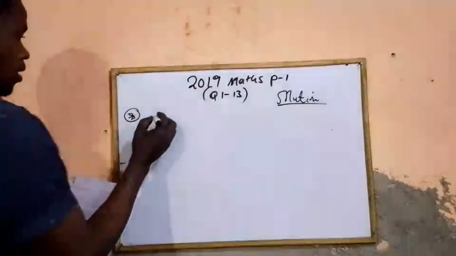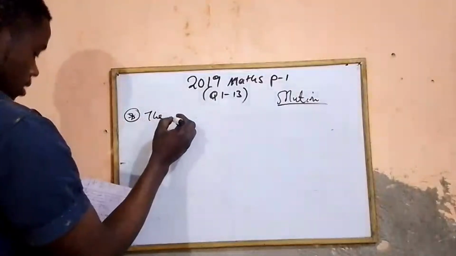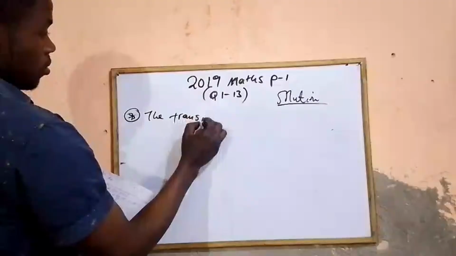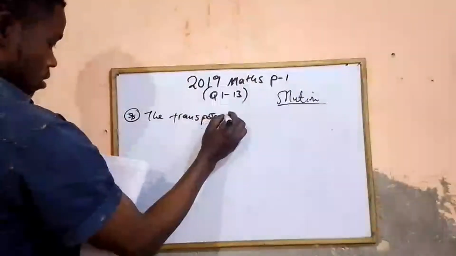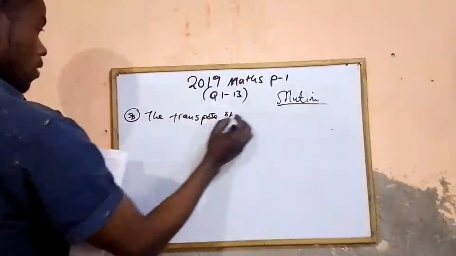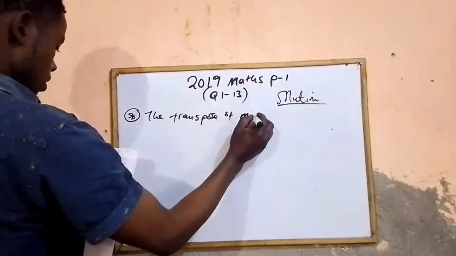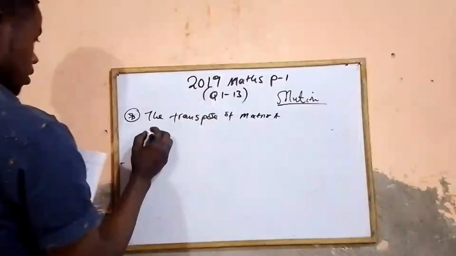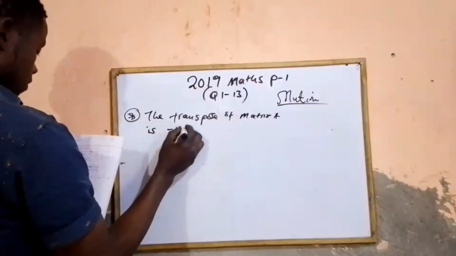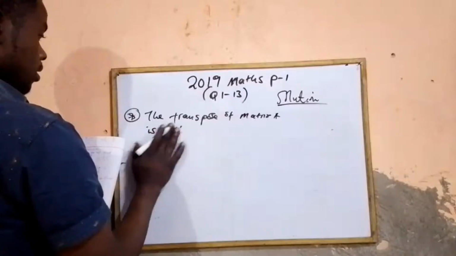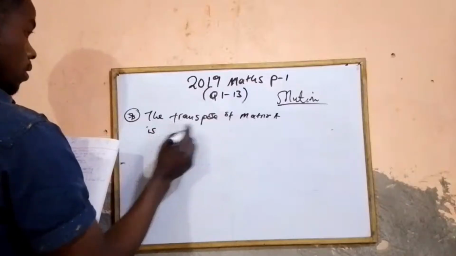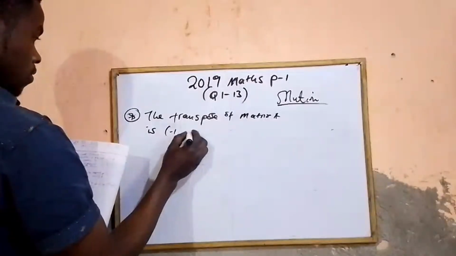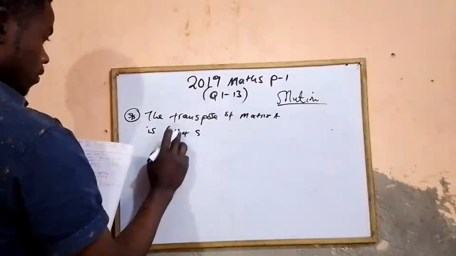Question 8 says the transpose of matrix A is the matrix (-1, 4, 5).